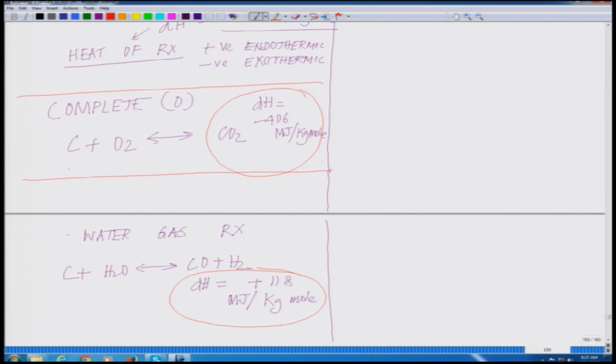Okay. So, now if you compare these two values of 268 and 406, it will be around 65% of it.